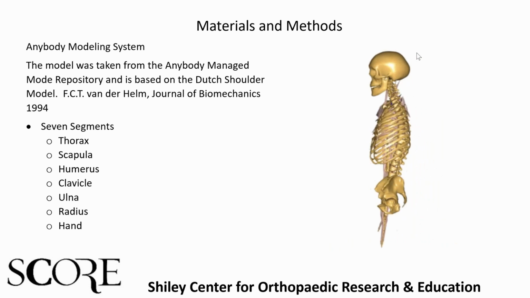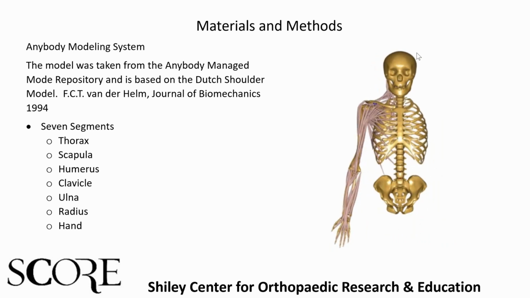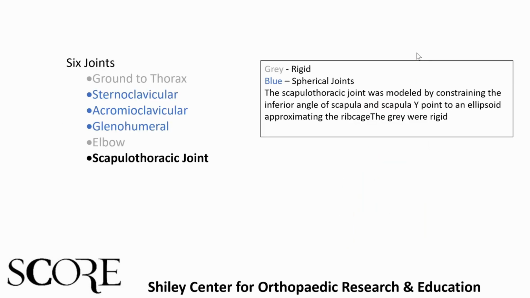The way we went about this was using the AnyBody modeling system. We took the shoulder model that is found in the AnyBody managed model repository, which is based on the Dutch shoulder model. It's 7 segments: the thorax, the scapula, the humerus, clavicle, ulna, radius, and hand. And there are 6 joints. The thorax is connected to ground rigidly.